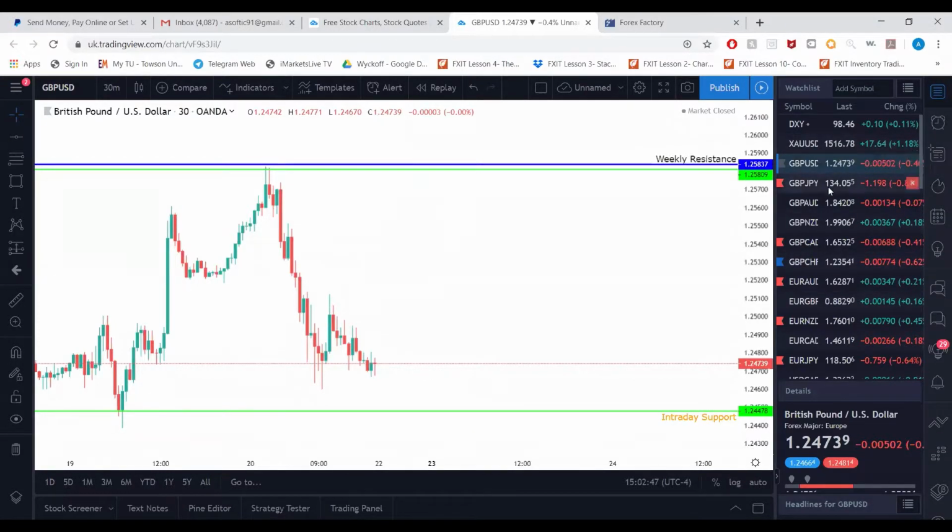Specifically gold, GBP JPY, GA, GN, Euro AUD, Euro NZD, Euro CAD, and Euro JPY. Those are my top pairs. Number 2 is gold and GBP JPY. I don't need to trade all 30 pairs because I have had great success with the ones I just listed, and there's always something to trade on them.